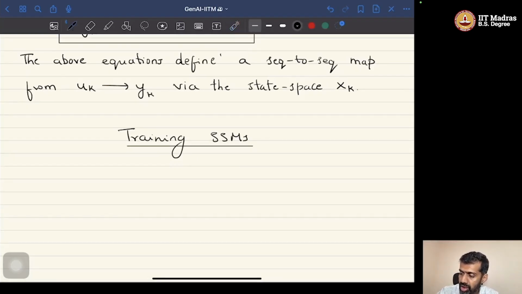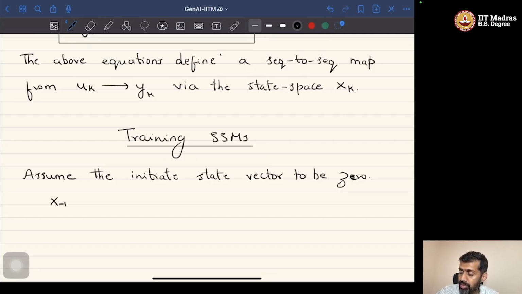Suppose or assume the initial state vector to be 0. So this is just a model assumption that is made for convenience, which means that we assume x_{-1} to be equal to 0.